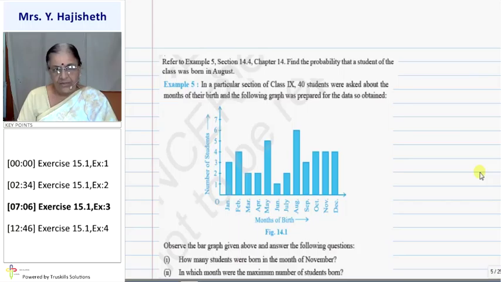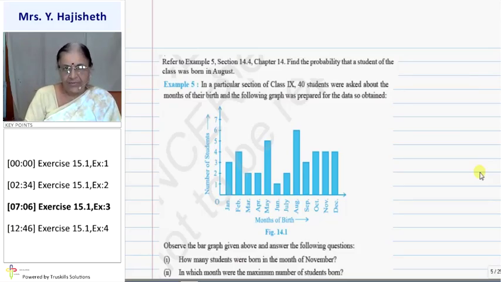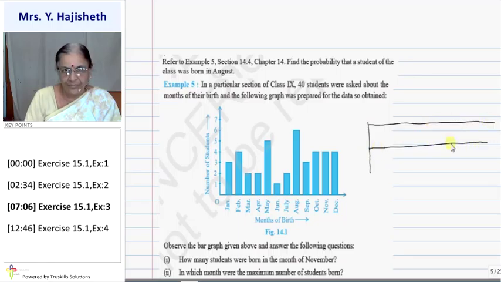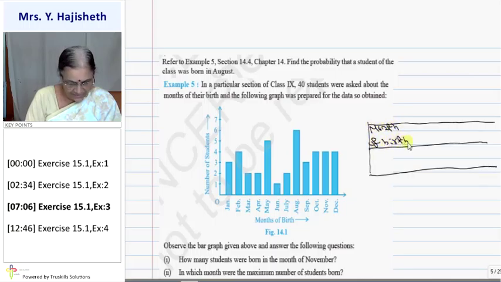Number of months is given graphically and I have to write them numerically. So if I form the table from the graph, I am getting number of month of birth, and here is number of children.